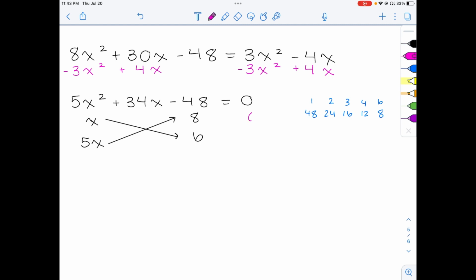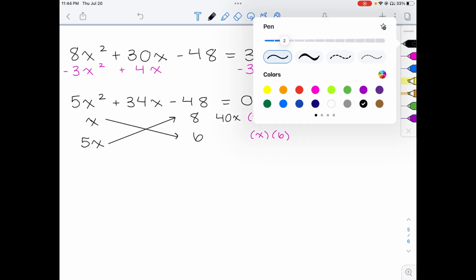Okay, so if I do 5x times 8, that gives me 40x. And then if I do x times 6, that gives me 6x.